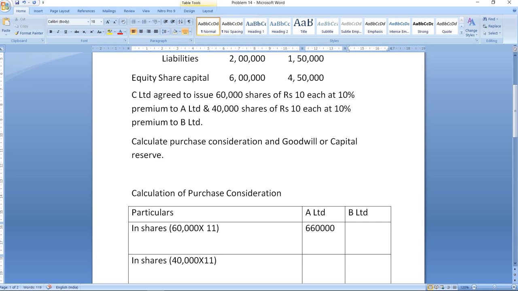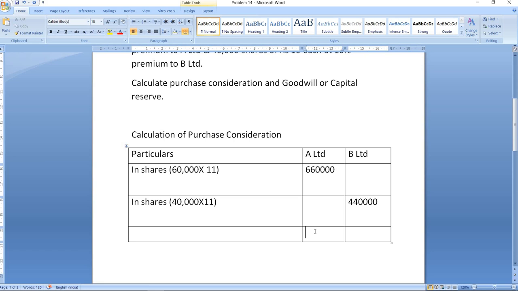So what will be the value of purchase consideration? That will be 4,40,000 for B Limited. So this is purchase consideration. Okay. For A Limited it is 6,60,000 and for B Limited it is 4,40,000. This is your purchase consideration.